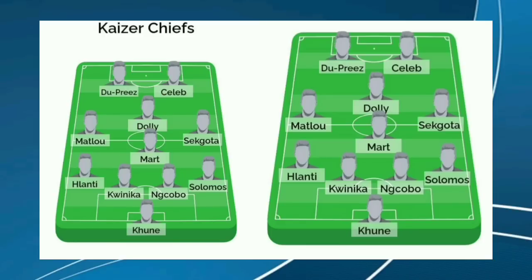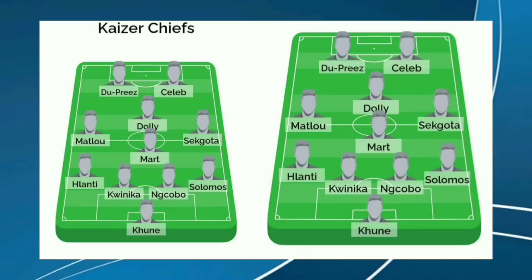Goalkeeper, Itumeleng Khune. Defenders, on the left, Sandile Zungu, then Kunika Ngobo, and on the right, you've got Dillian Solomon. Defensive midfielder, you've got Yasif Mat. And then on the right, which I think is number 8, after Solomon, you've got Sekhota.